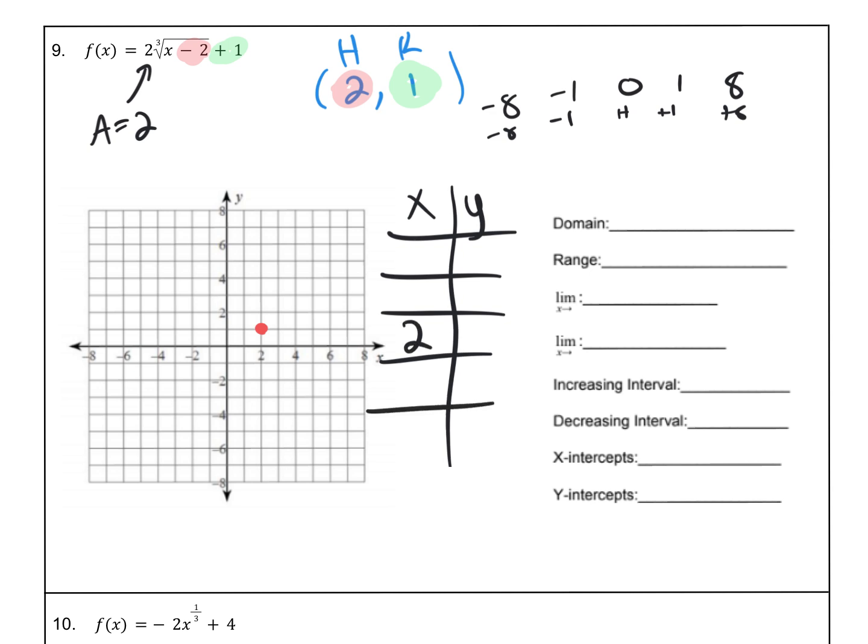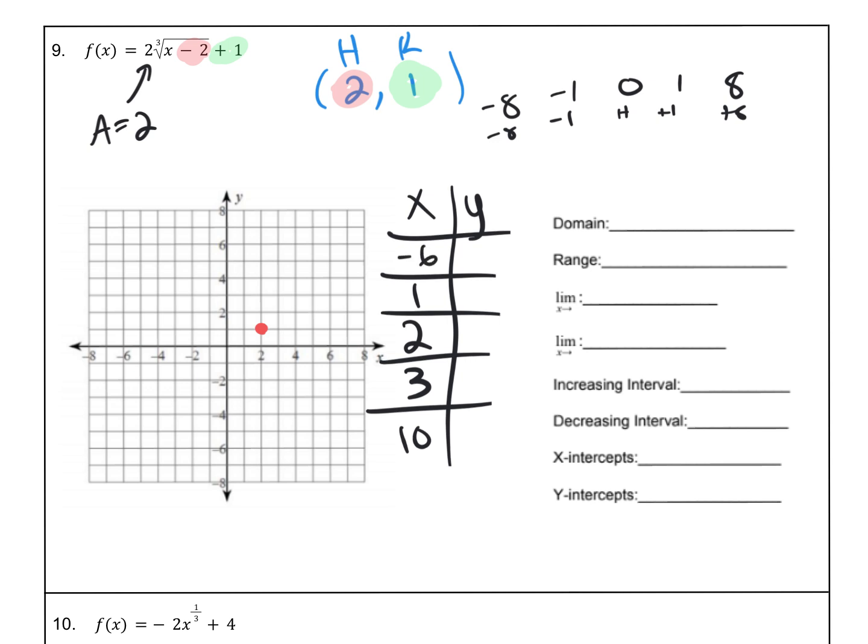So if my h value is a 2, all I would do here to get the next couple around it, I would add 1 to 2 to get 3, subtract 1 from 2 to get 1, right? So that gets me the next couple of perfect cube roots of -1 and +1 underneath there. From there, I'd go back to my 2 once again, add 8, which would give me a 10, and then subtract 8, which would take me to a -6.